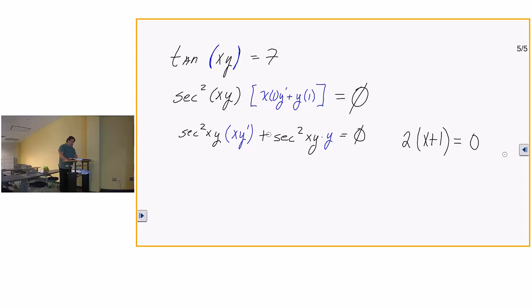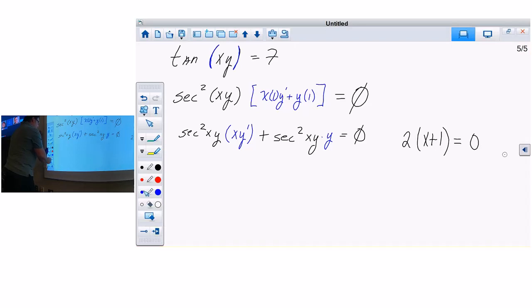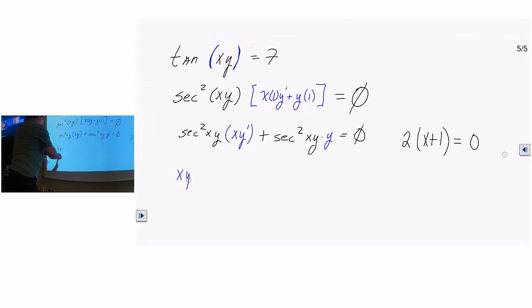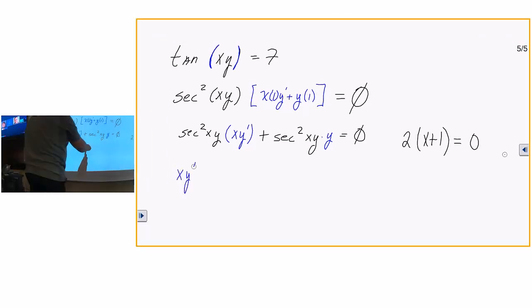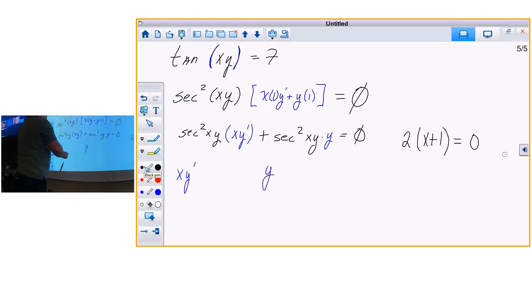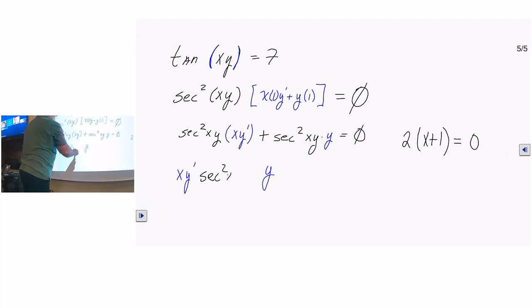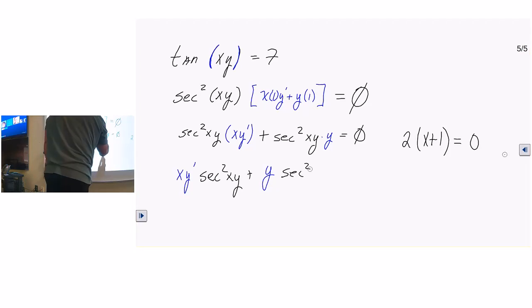Now you bring the xy prime out to the front. That's going to be x, y prime, and y, and then secant squared xy plus secant squared xy.